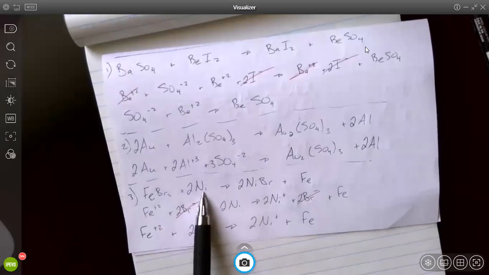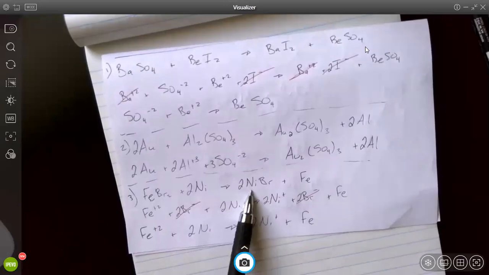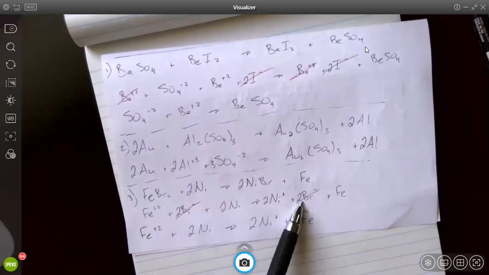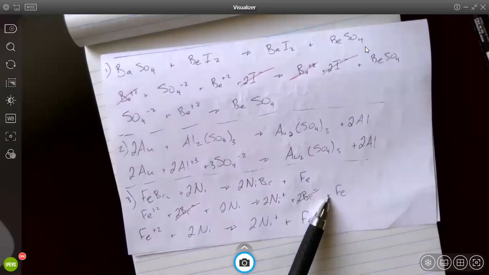Nickel is not an ionic compound, so it stays as just nickel and does not become an ion. And then nickel bromide, if you look on your solubility table, is very soluble, so it gets broken apart into its ions. And then iron, our Fe, again, is just a metal, not an ionic compound, so it will stay as a metal and not an ion.